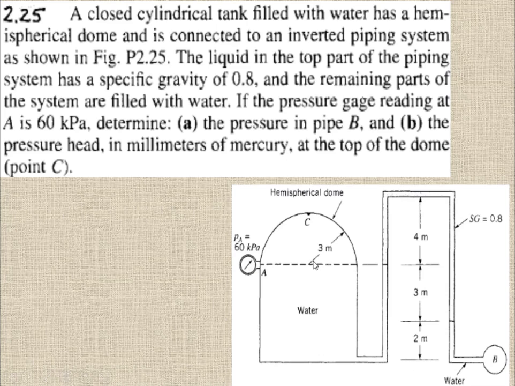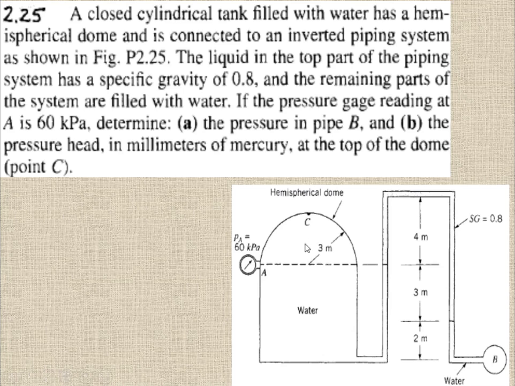The pressure at every point on this horizontal plane is the same, according to Pascal's law. The pressure at point A is 60 kilopascal. So here is also 60 kilopascal, and at every point on this plane the pressure is the same, it doesn't change.